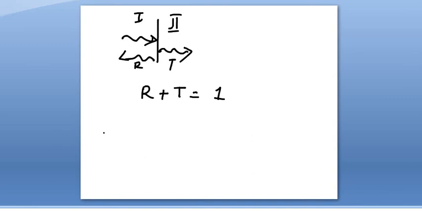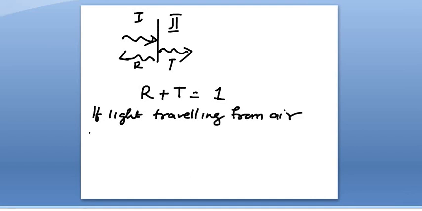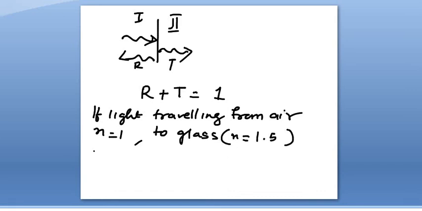Now, if the light is traveling from air, what is the refractive index of air? n is equal to 1. And to glass, what is the refractive index? n is equal to 1.5. Then what will be R?